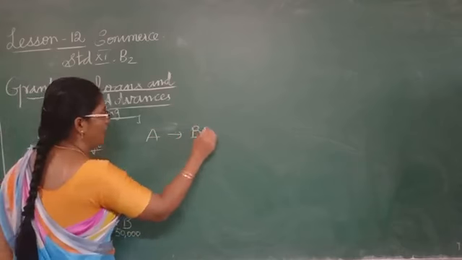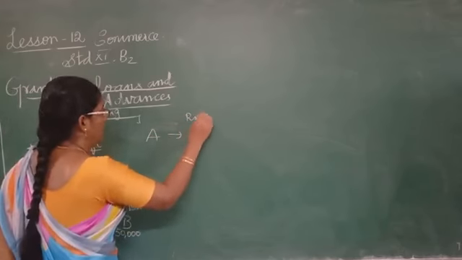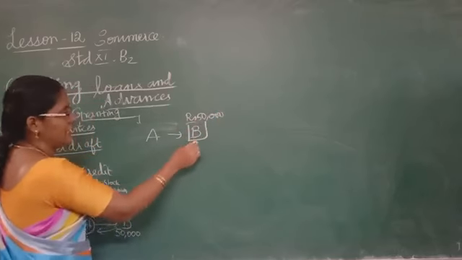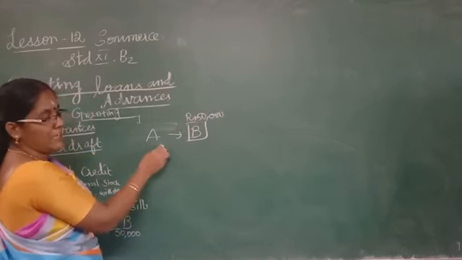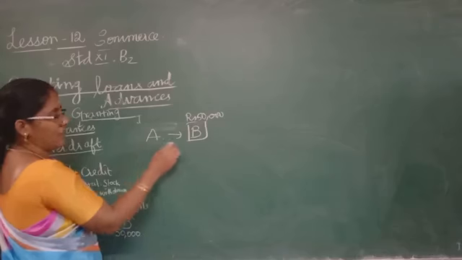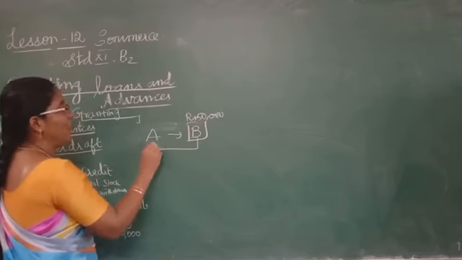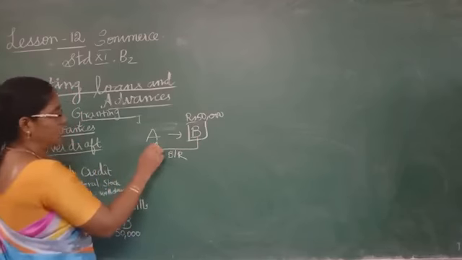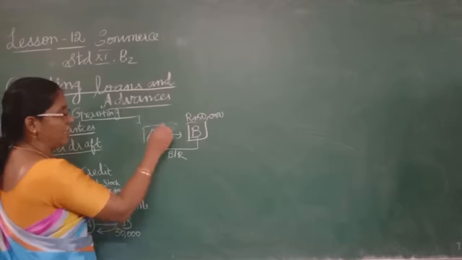For how many rupees? 50,000 rupees. So B in turn is telling, I can't give you money right now. I will pay you after 3 months. So instead of that B is giving bills receivable to A. So what will he do?